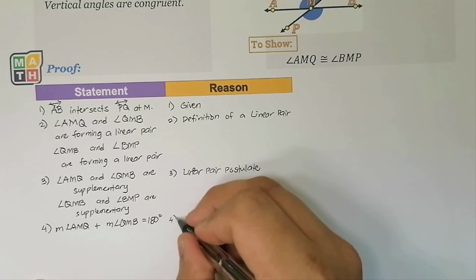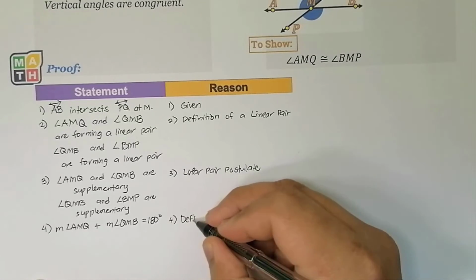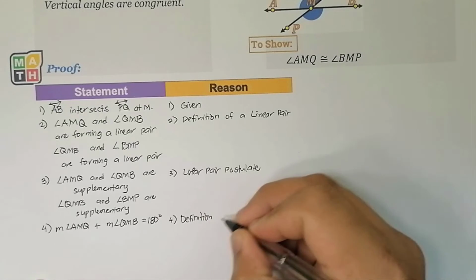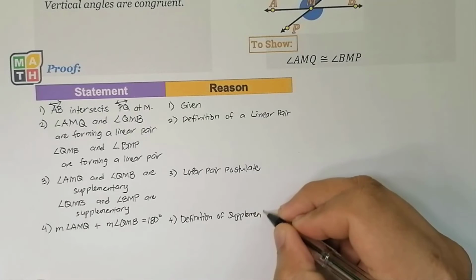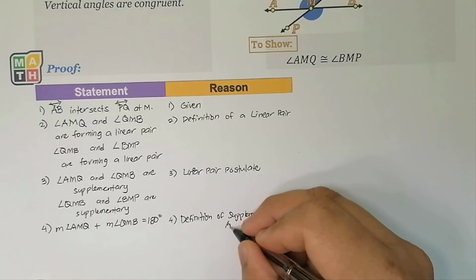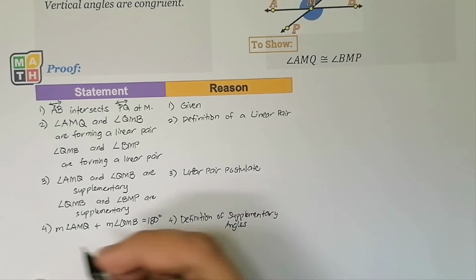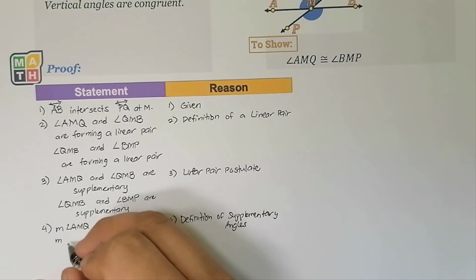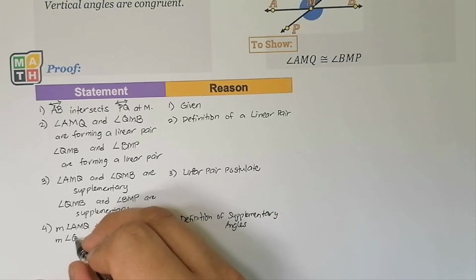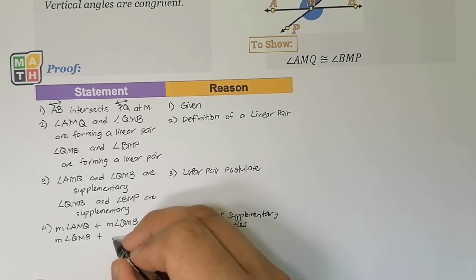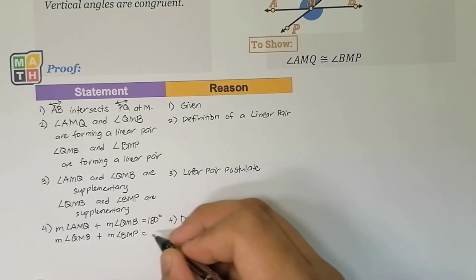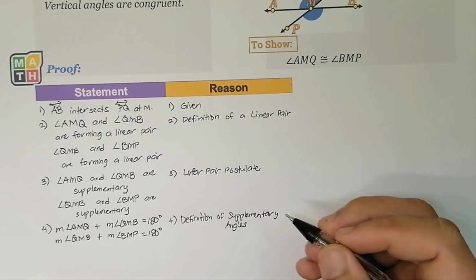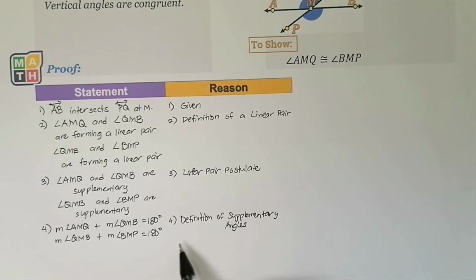This is with the definition of supplementary angles. The same is true with the measurement of angle QMB plus the measurement of angle BMP, which is equal to 180 degrees. Same reason, definition of supplementary angles.